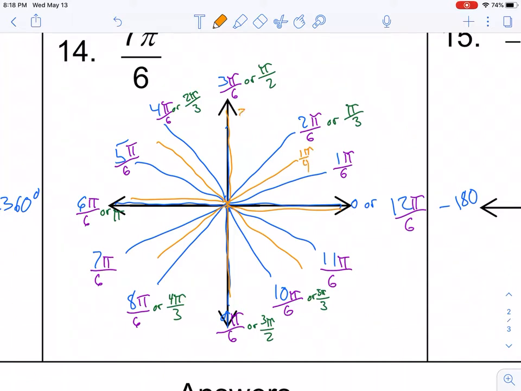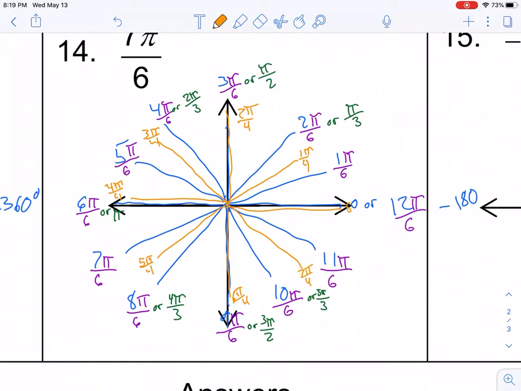This is 2 pi over 4. This is 3 pi over 4. So every time we move, we count. This is 4 pi over 4. 5 pi over 4. 6 pi over 4. Pi over 4. 7 pi over 4.